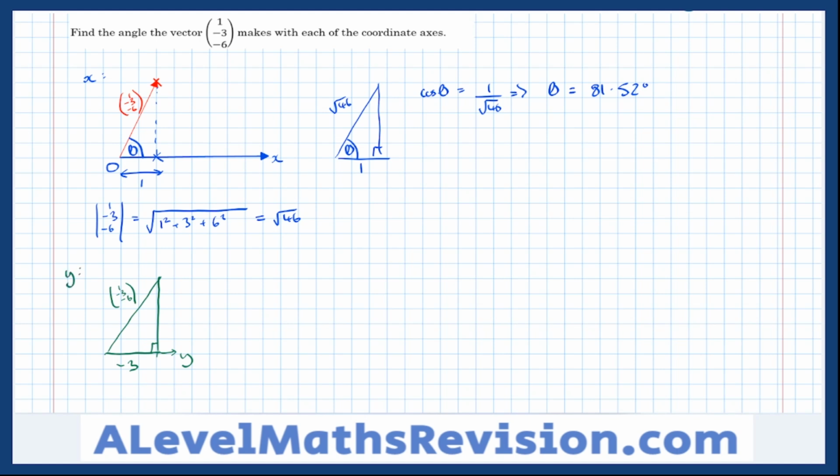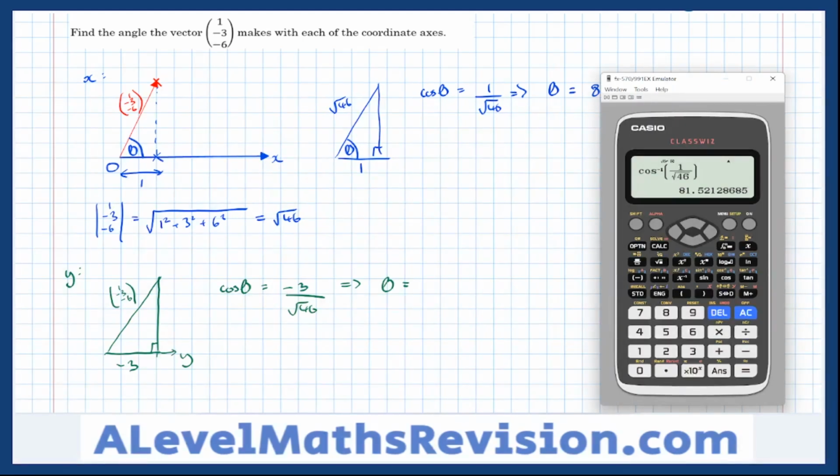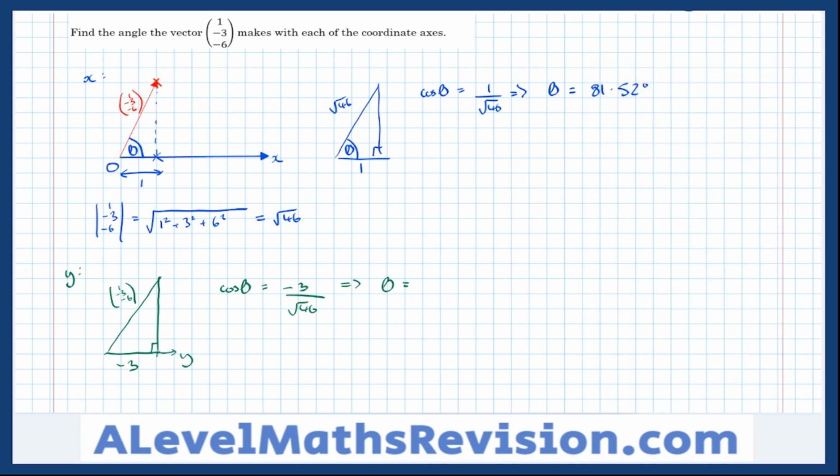We've got the adjacent and the hypotenuse again, so cos theta equals -3 over root 46, which means theta equals the inverse cos of -3 over root 46, which is 116.25 degrees. So it makes an obtuse angle with a negative cosine.